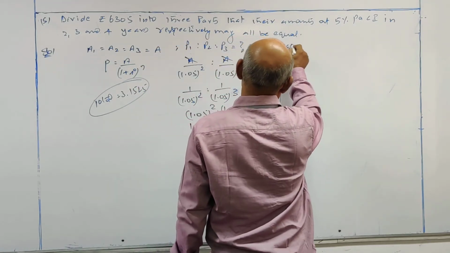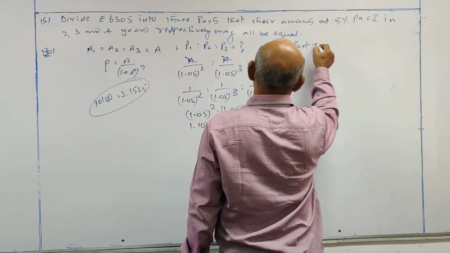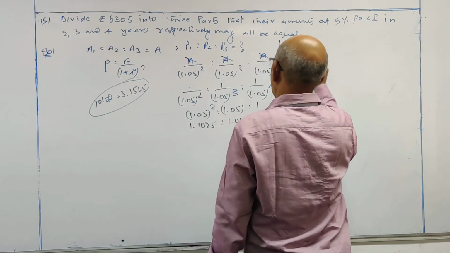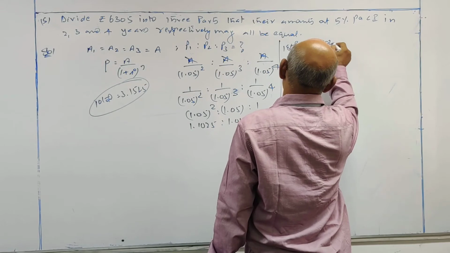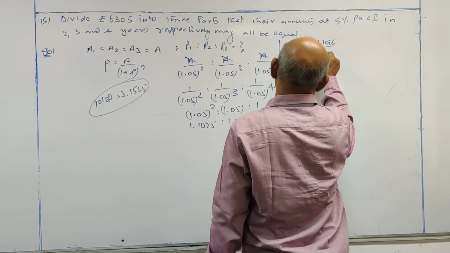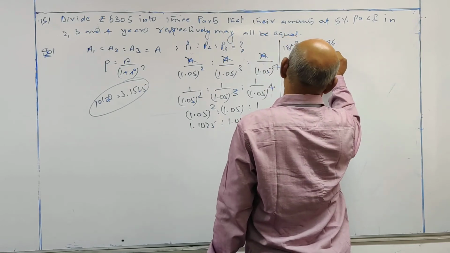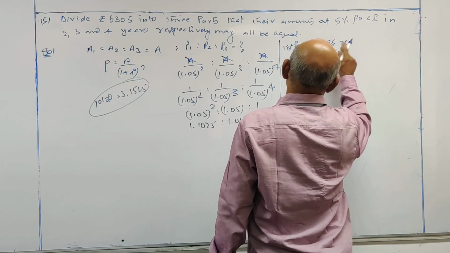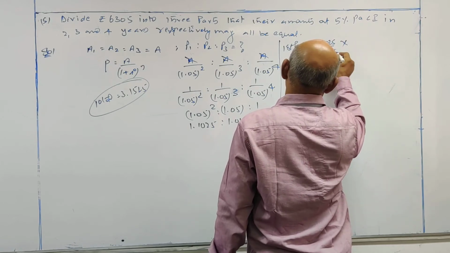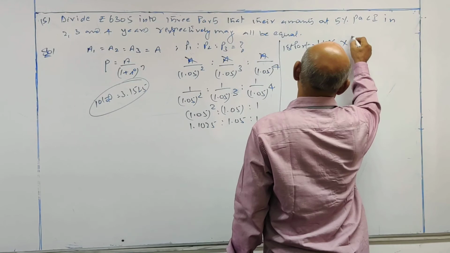So let us see, first part is equal to 1.1025 divided by total 3.1525 into 6305.